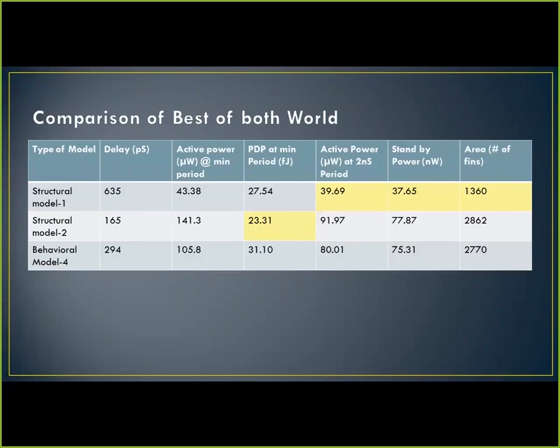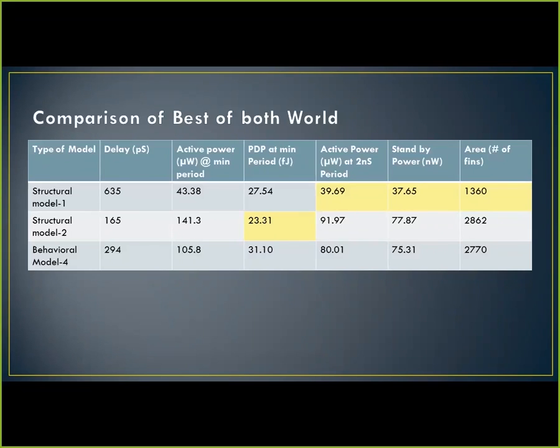These are our results. We have two structural models here and one behavioral model. For active power, the best result that we got at 2 nanoseconds is 39 microwatts, and for standby power, our best result is 37 nanowatts.